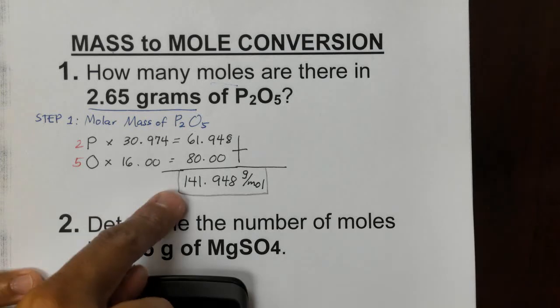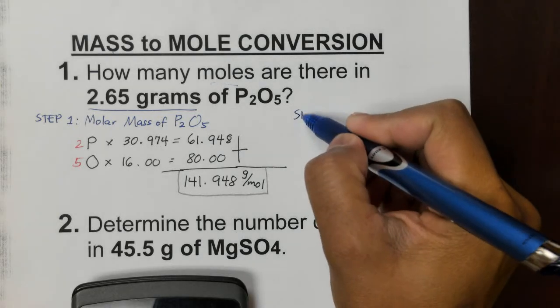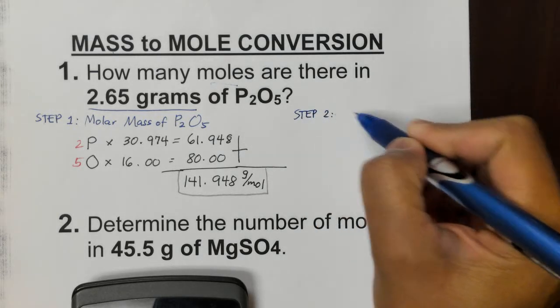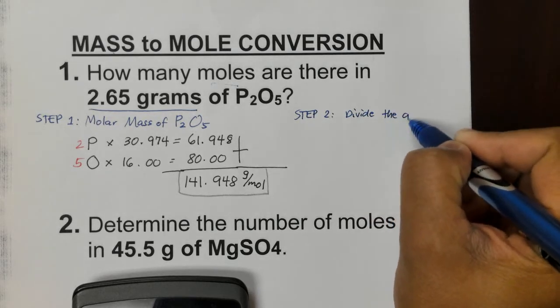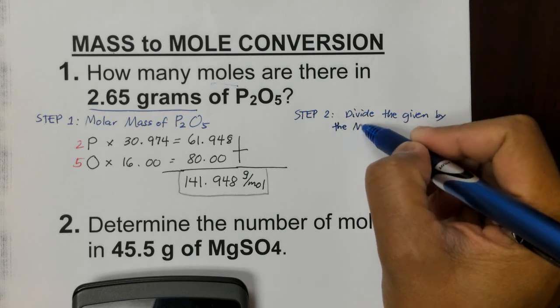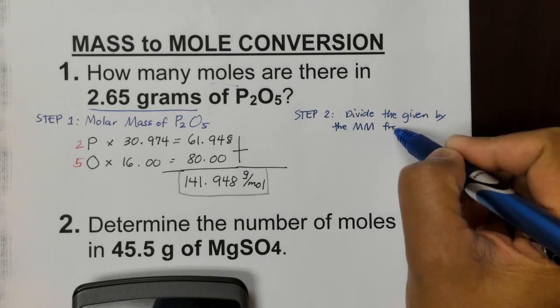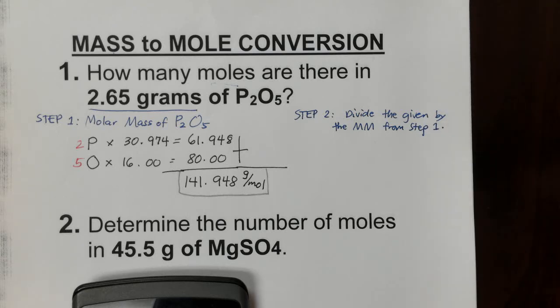So after solving for the molar mass for step 1, we are now going to do step 2. And step 2 is divide the given by the molar mass from step 1. So how do we illustrate that in a solution format so that we can cancel out the units?